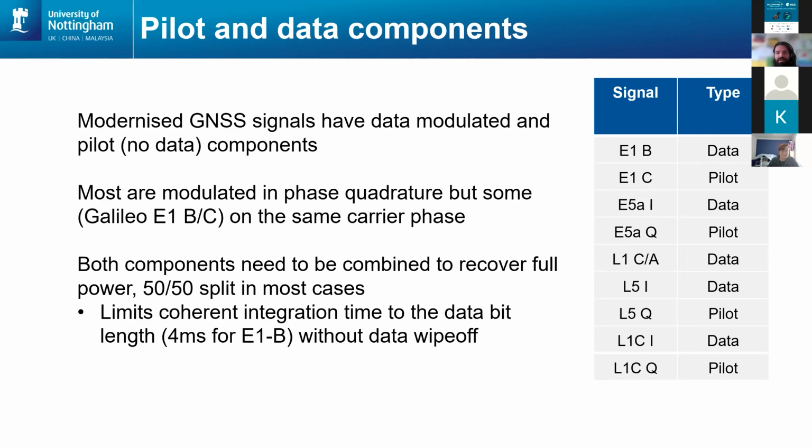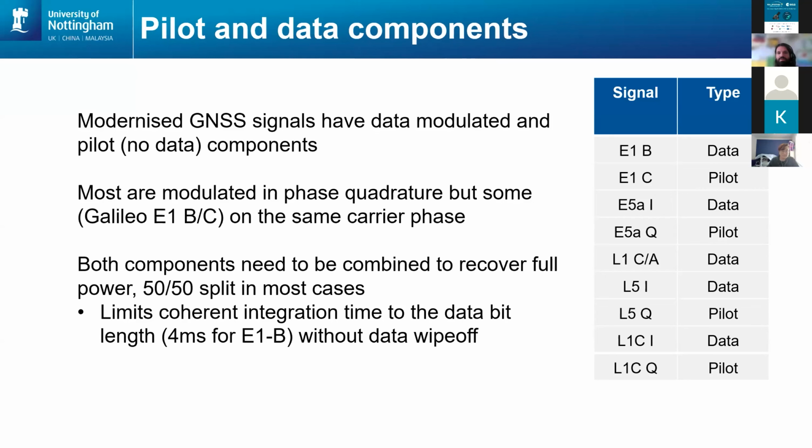So thinking about how long we can integrate for, we might be limited by effectively the data period of the signal. So in the case of E1B, for example, the data period is 4 milliseconds, and that can limit us in how long we can integrate the signal without some scheme to wipe them off.